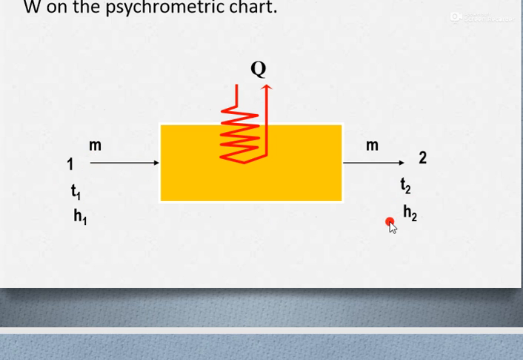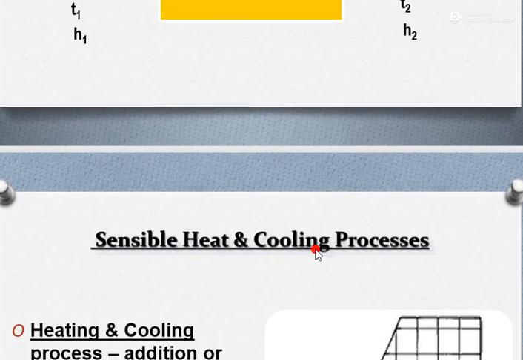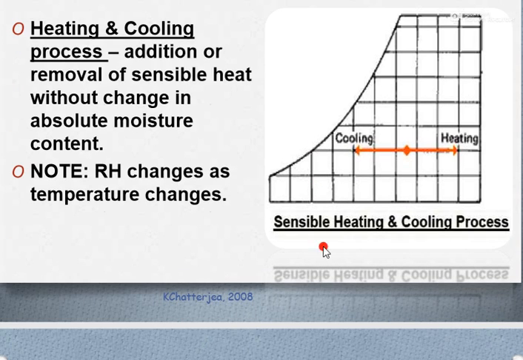And similarly T2 and H2 are the dry bulb temperature and enthalpy of outlet air respectively. On the psychrometric chart it will be denoted by this. You can see from this middle point the cooling process is being shown in this direction, in negative x direction, and in positive x direction heating is being shown.